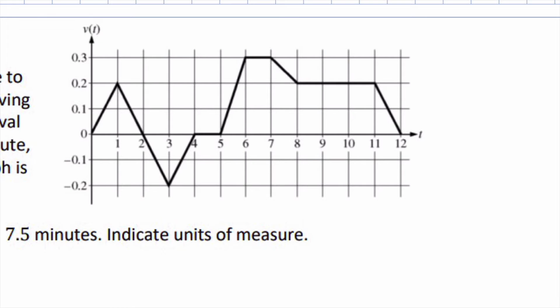When do we have negative velocity? When is there negative velocity? What causes it, or when do we have it?